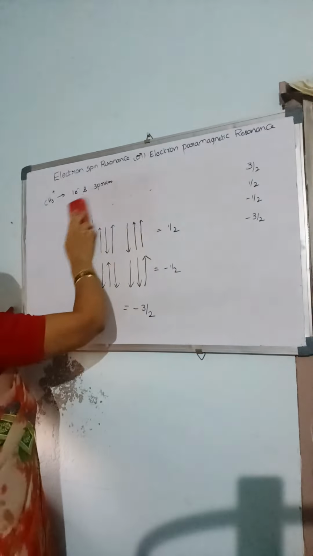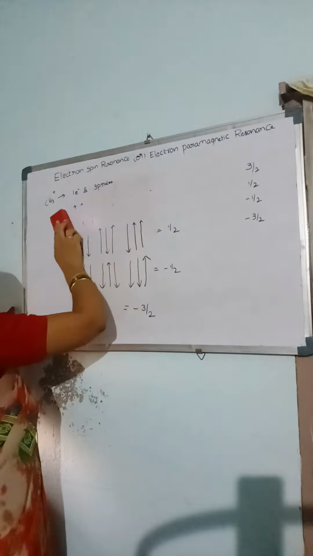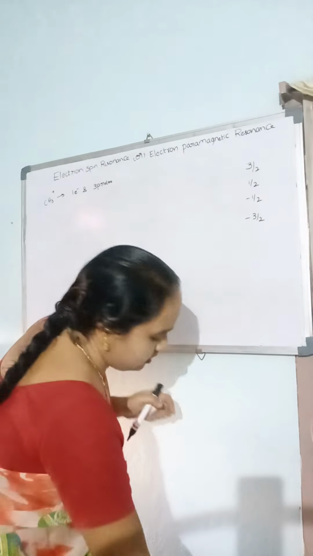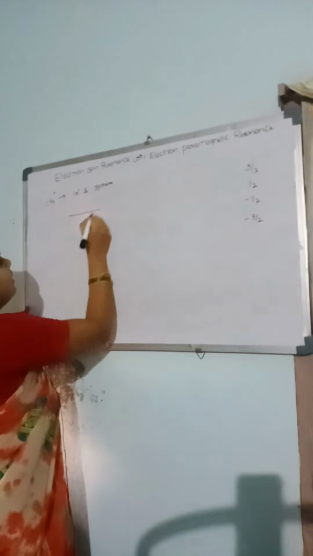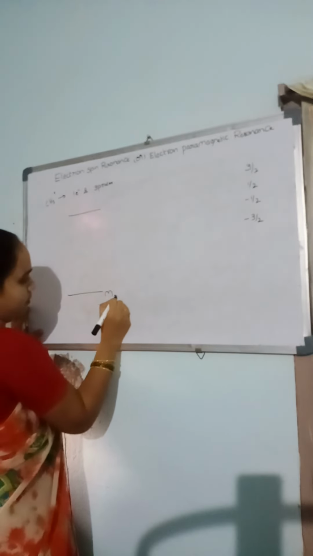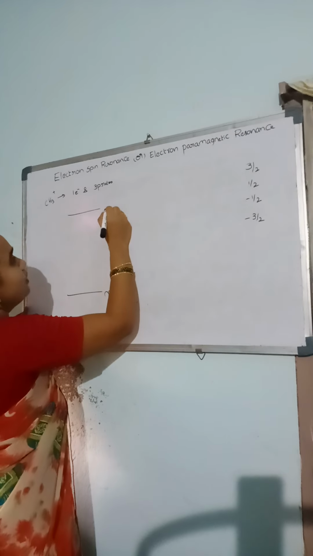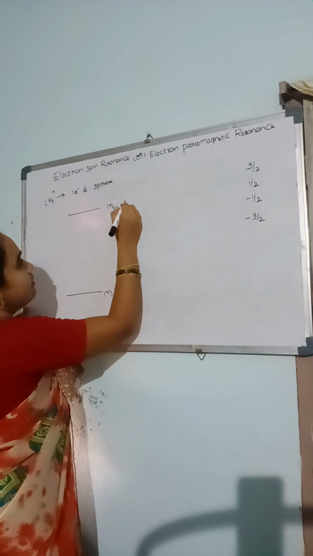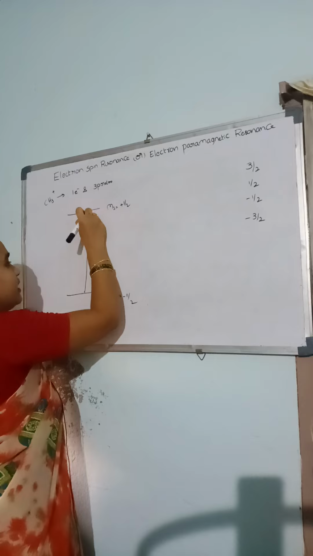So let us draw this EPR spectrum for this CH3 plus molecule. That is Ms is equal to minus half to Ms is equal to plus half. We are having only one transition.